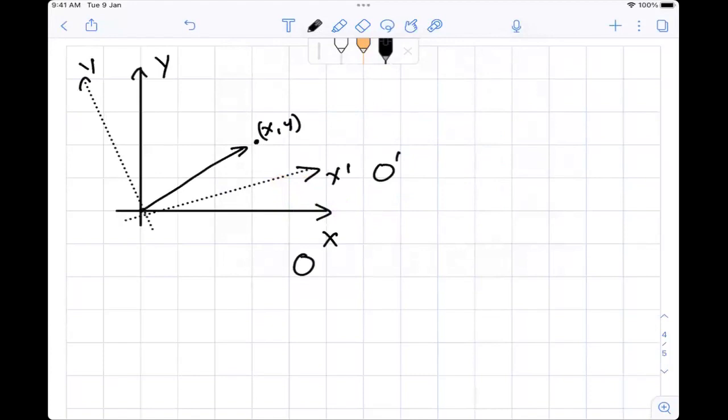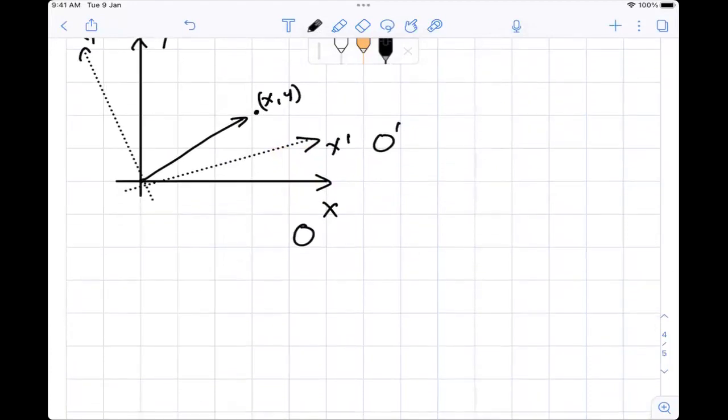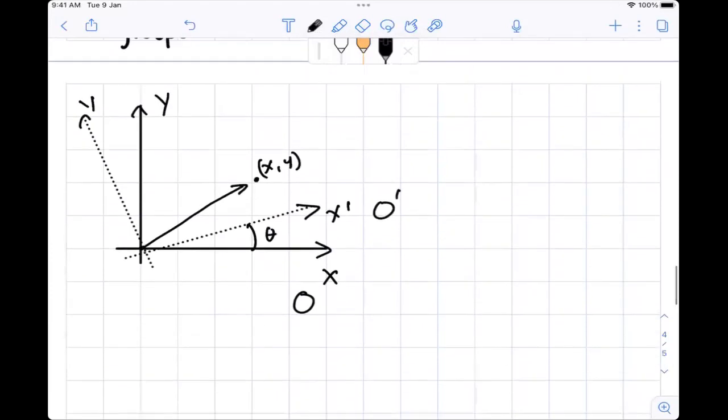But initially you perform the rotation by some angle theta. But then you can also say that I will not do it in just one go, I'll do it a large number of times.